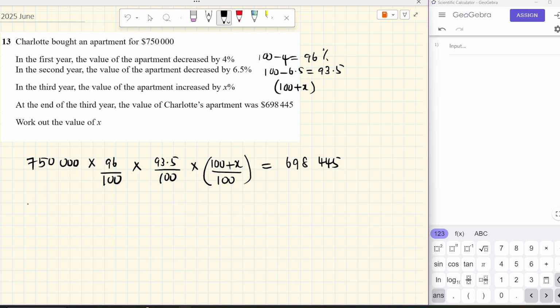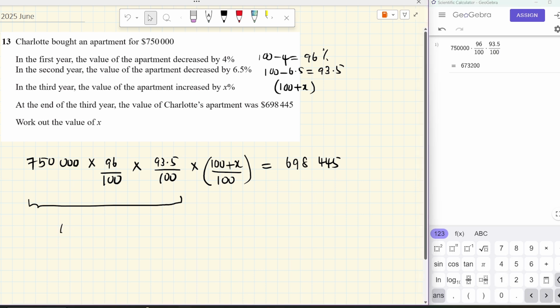Now I'm going to put this into the calculator. That is 750,000 into 96 over 100 into 93.5 over 100.